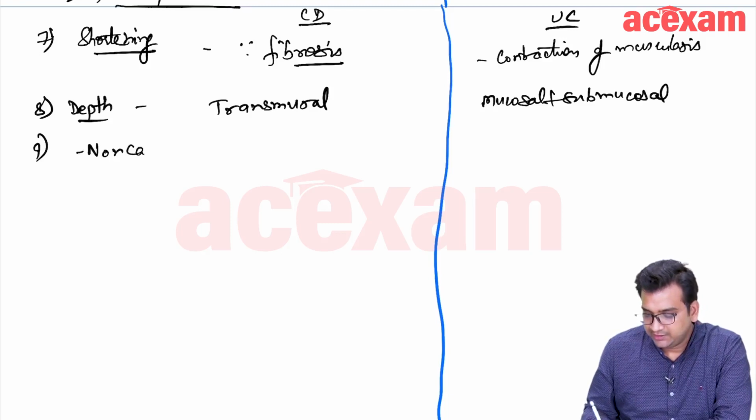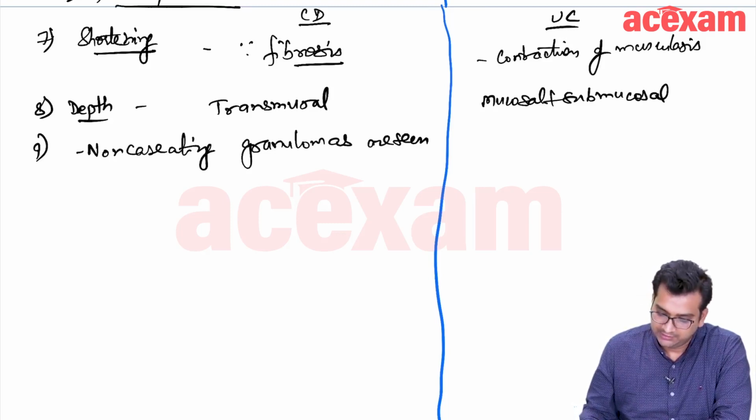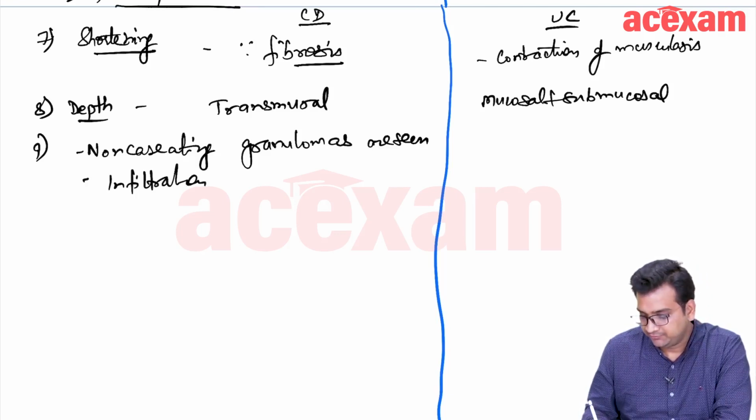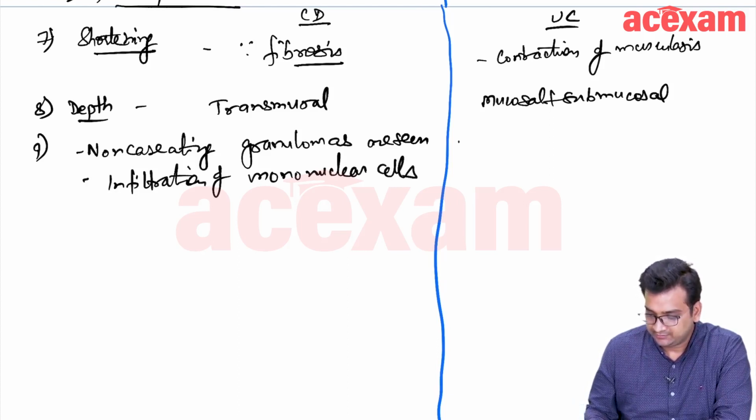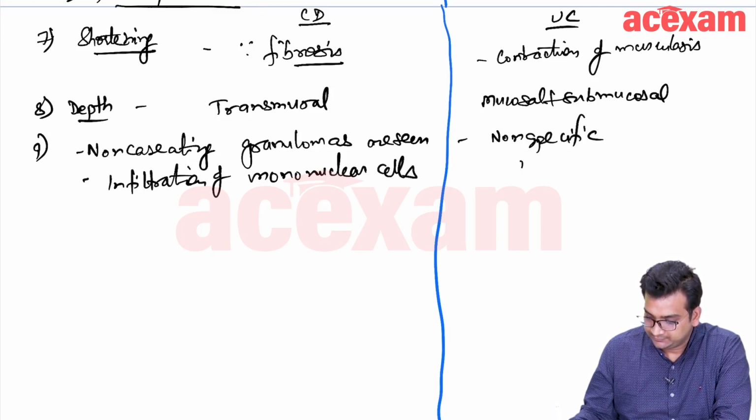Non-caseating granulomas are seen in Crohn's disease, and there is infiltration of mononuclear cells, whereas in ulcerative colitis there are non-specific acute or chronic inflammatory cells.